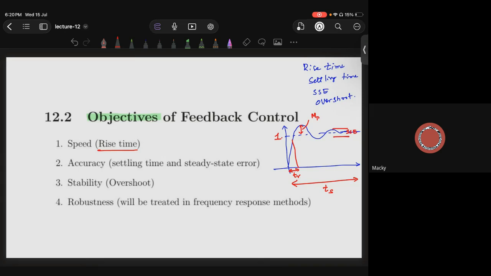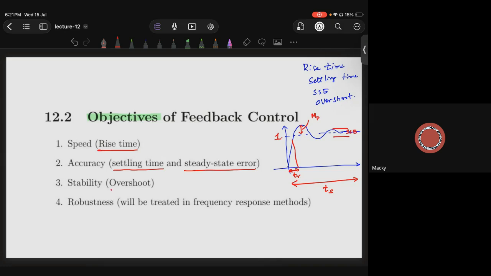Okay. So we want our settling time also less. We want our system to settle to the final value very fast. Settling time also should be less. And we want our system's final response should not deviate much from the reference value of 1. That means our final steady state error should be as small as possible.